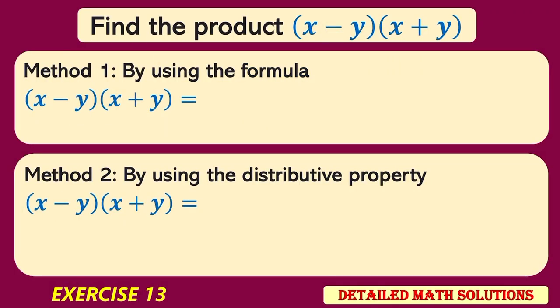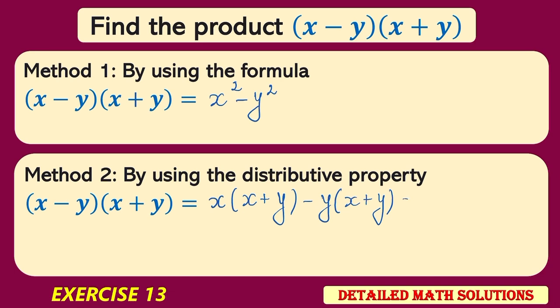Find the product (x minus y) multiplied by (x plus y). When I use the formula, this equals x squared minus y squared. When I apply the distributive property, this equals x multiplied by (x plus y) minus y multiplied by (x plus y).